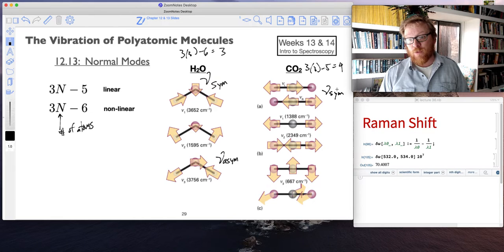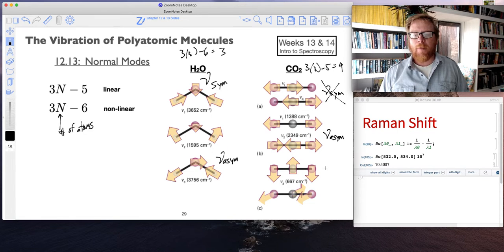So it does not result in a dipole moment. So it's not observed in FTIR. But as it turns out, this stretch is observed in Raman spectroscopy, which we'll be discussing next. So here, at 2349 wave number is our asymmetric.